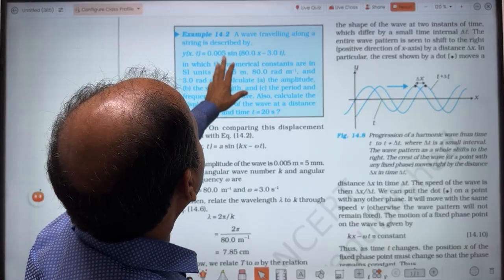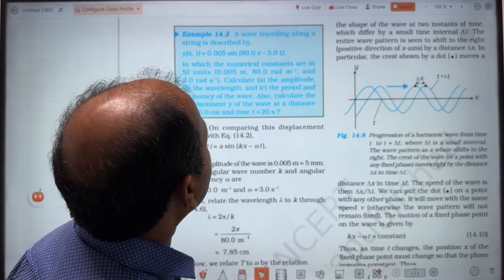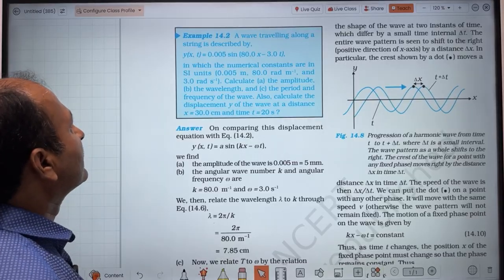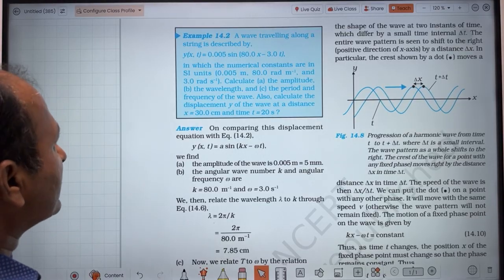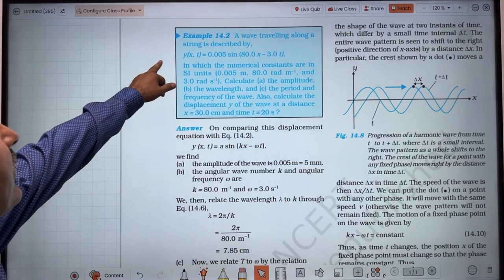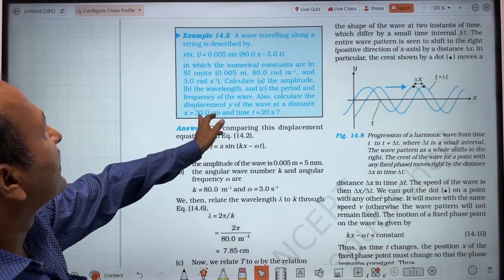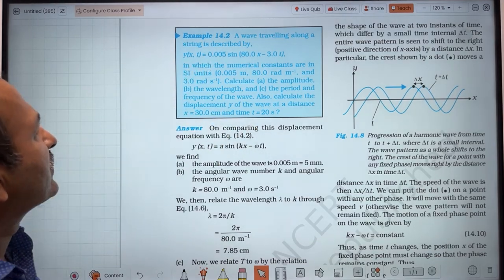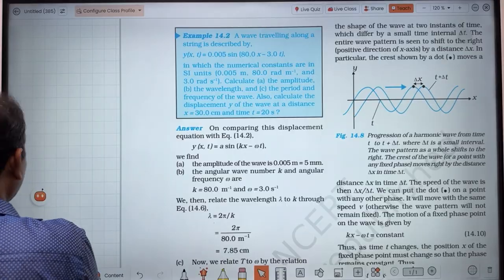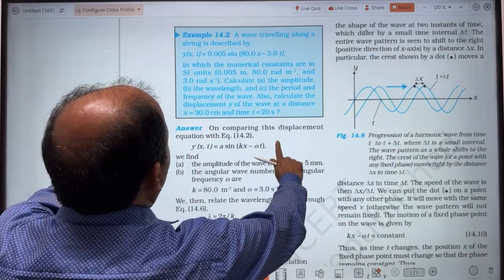Here all things are taken in standard units, so we can easily calculate amplitude, wavelength, period, etc. And then we have to find the value of y also when t = 20 seconds and x = 30. So we can put these values here. The question is simple, so let's consider it one by one.